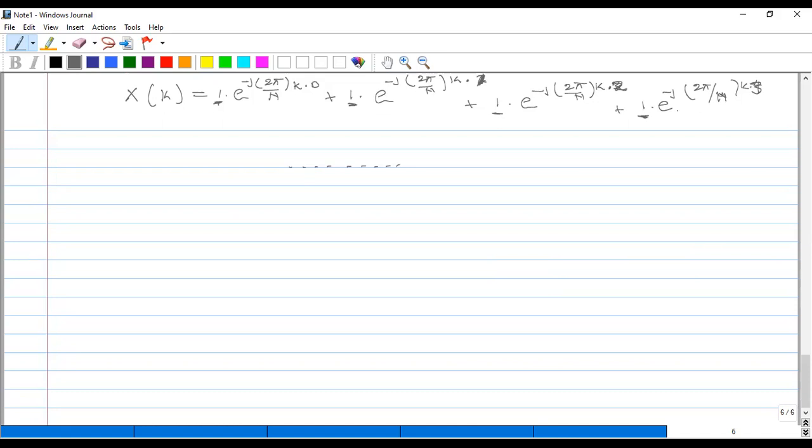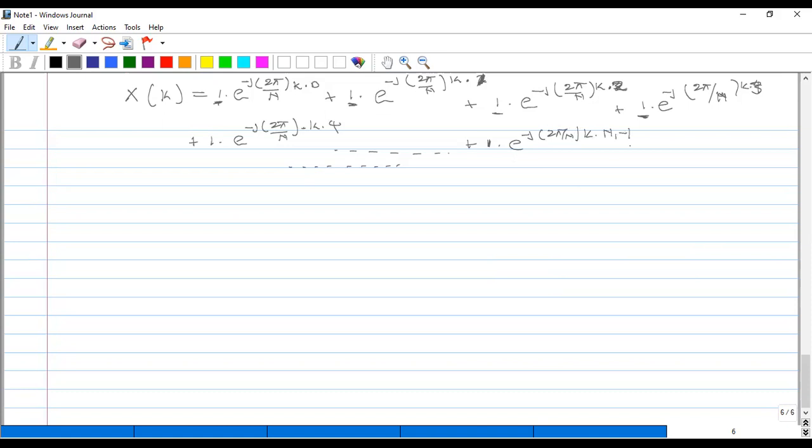If n is equal to 4, so x[4], this will be 1 e to the power minus j 2π by N k 4. So on up to x[N1 minus 1]; here also you will have 1 e to the power minus j 2π by N k (N1 minus 1). Correct?